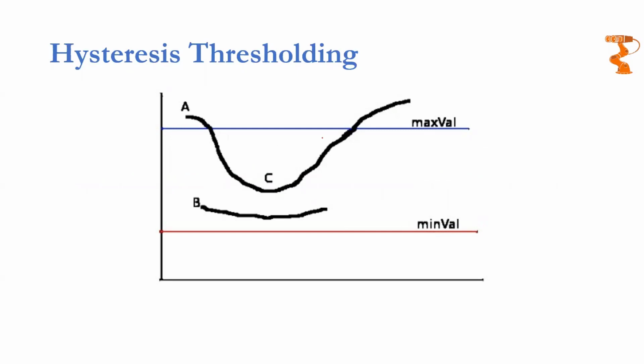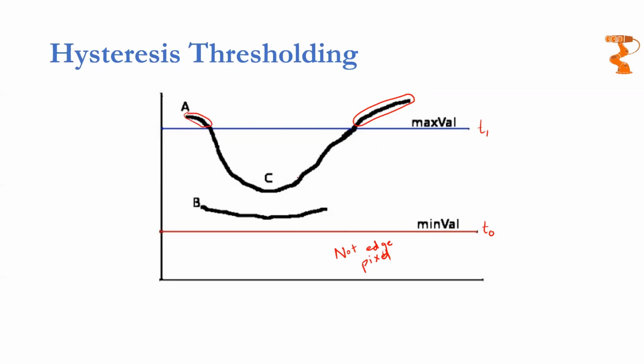For example, this is T1, and this is T0. All pixels which have a value less than T0, we know that these are not edge pixels, so we can remove them. All pixels which have a value greater than T1, we know that these are edge pixels, so we are certain about them.